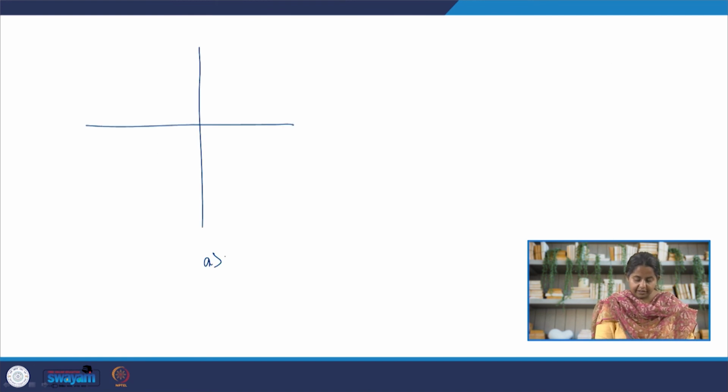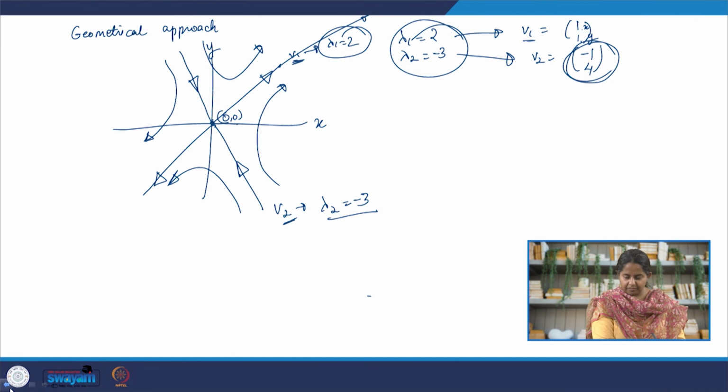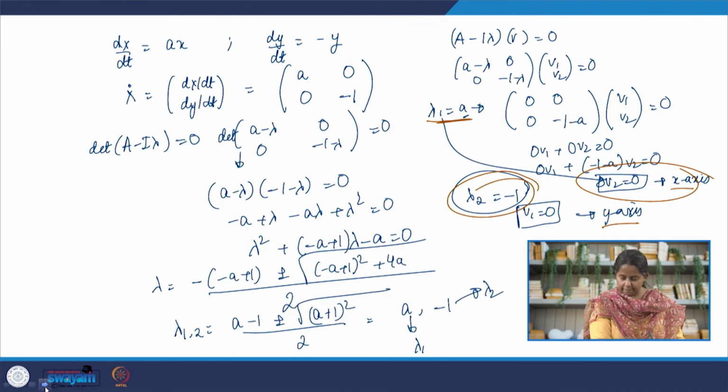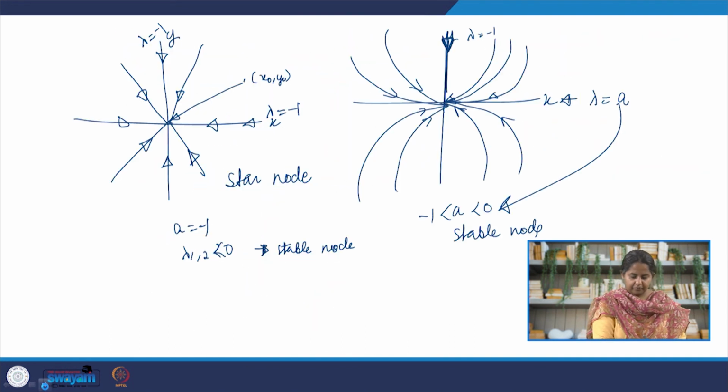So now A is greater than 0, A is positive. So this, you already know what's happening. Okay, so lambda 1 is A, perfect.